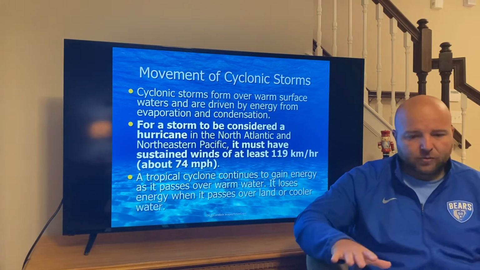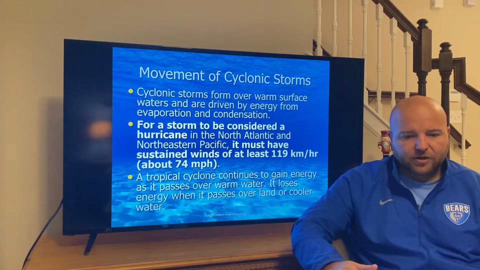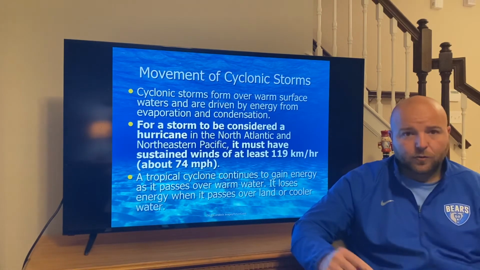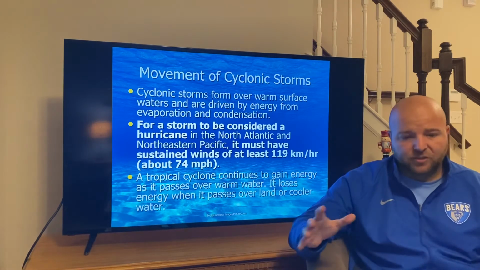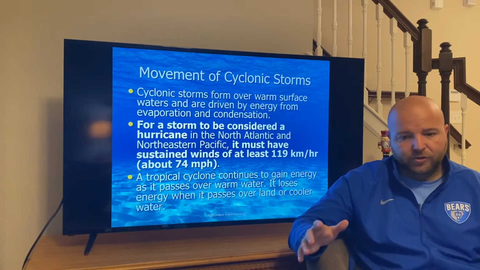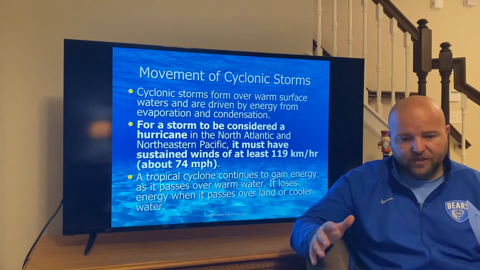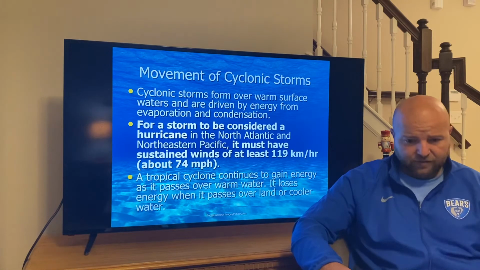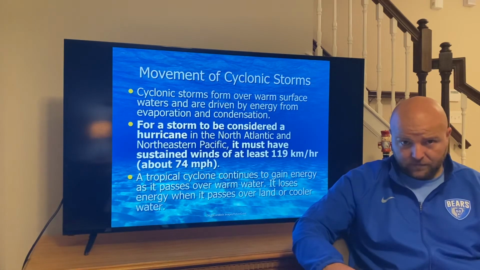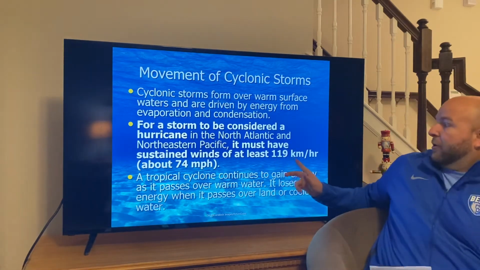Here's one of the things that we want you to know. For a storm to be considered a hurricane, so we're talking in the North Atlantic and in the Pacific as well, around North and South America, in those areas where they're referred to as hurricanes, it must have sustained winds of at least 119 kilometers per hour. I want to make sure that you catch that.